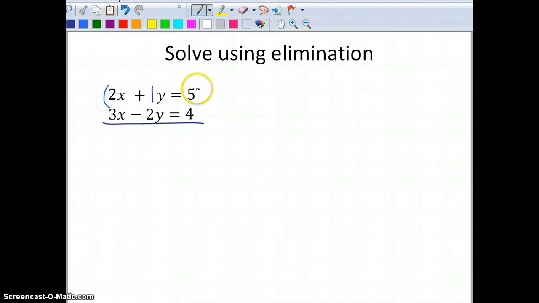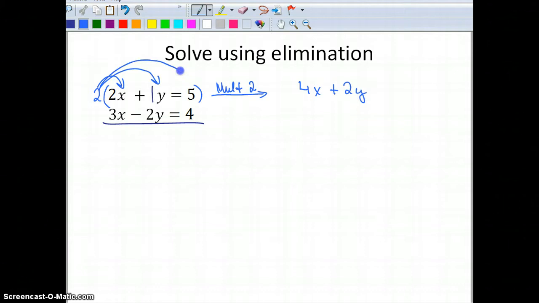So I'm going to multiply each and every term in this top equation by 2. So 2 times 2x is going to give me 4x. 2 times a positive 1y is going to give me a positive 2y. 2 times 5 is going to give me 10. Now this one I'm just going to bring over.